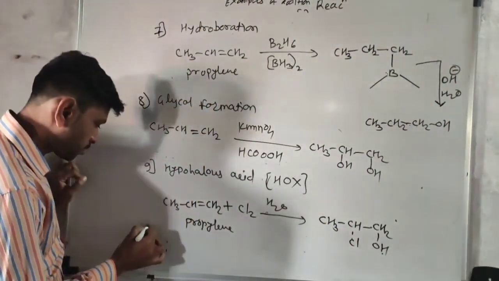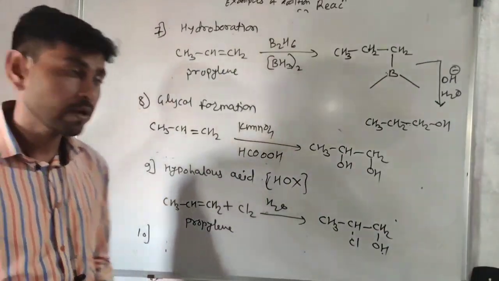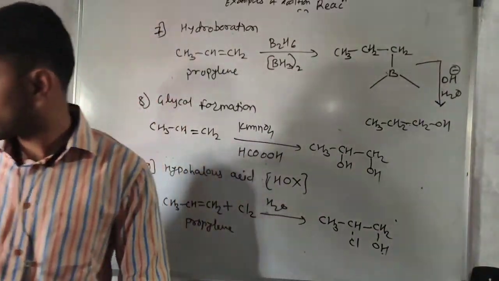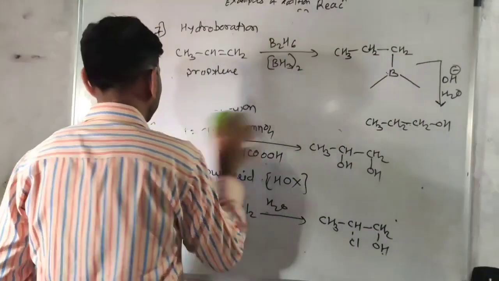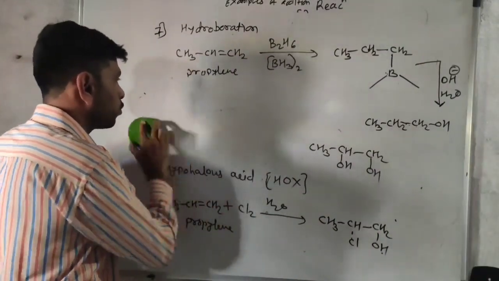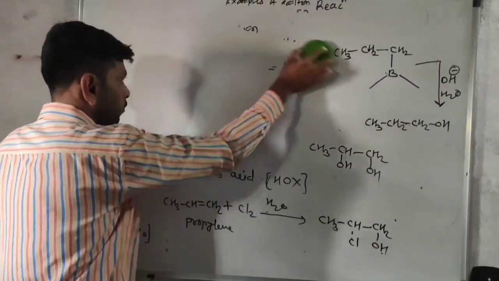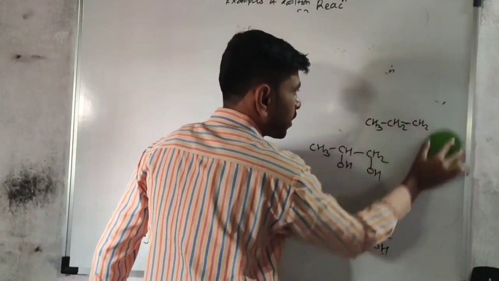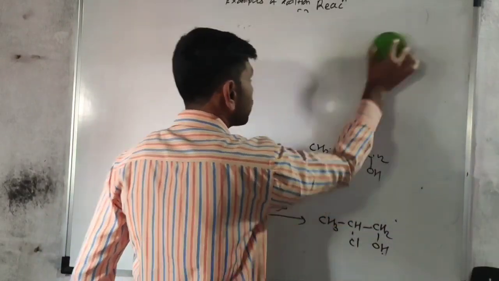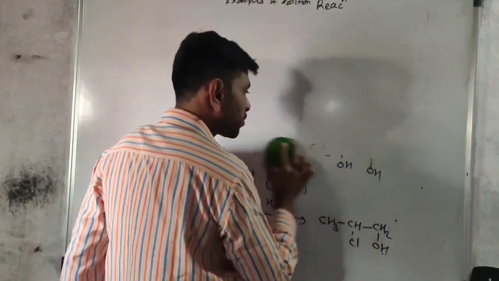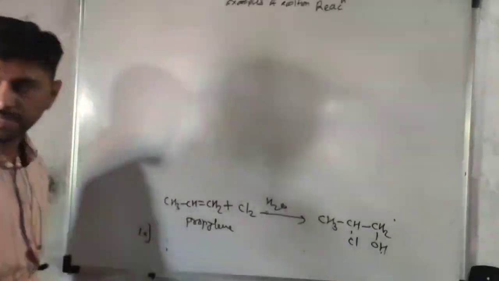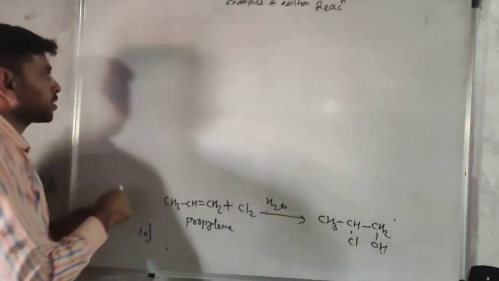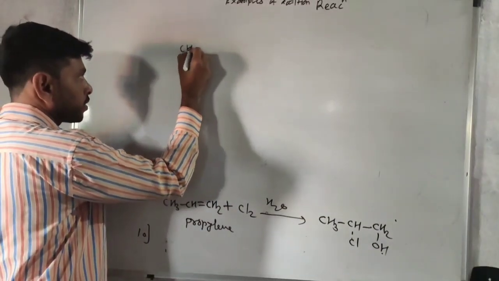See one important reaction of organic chemistry, that is ozonolysis. Okay, we know the important reaction ozonolysis, which also comes under the category of addition reaction, because ozonolysis takes place on an unsaturated system.